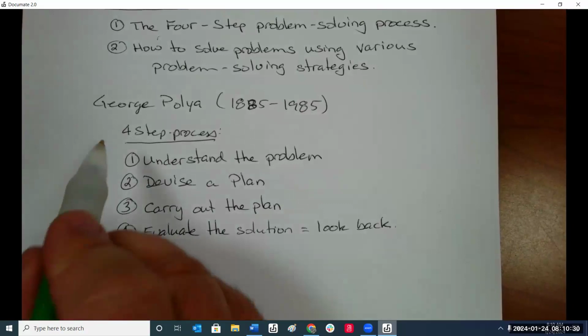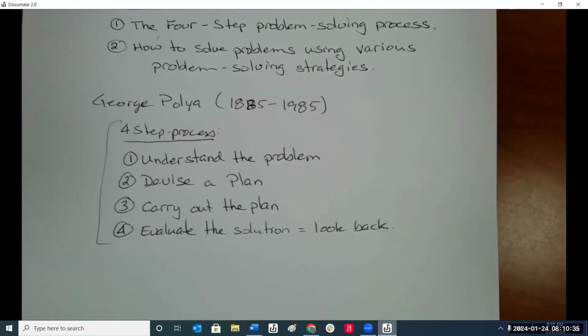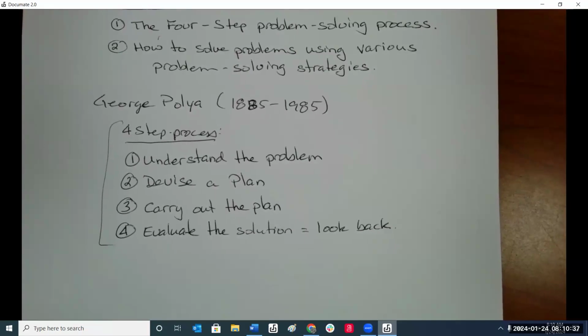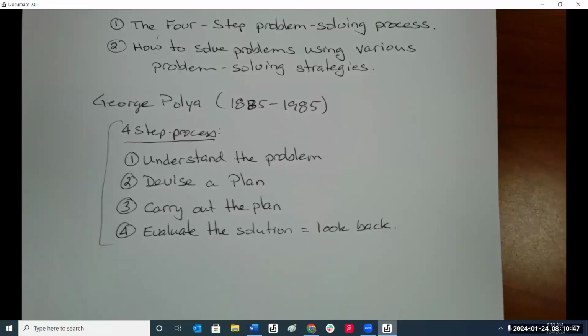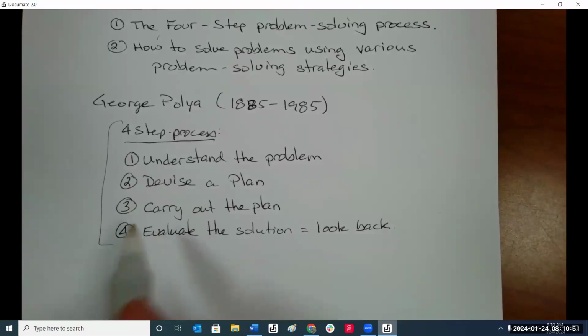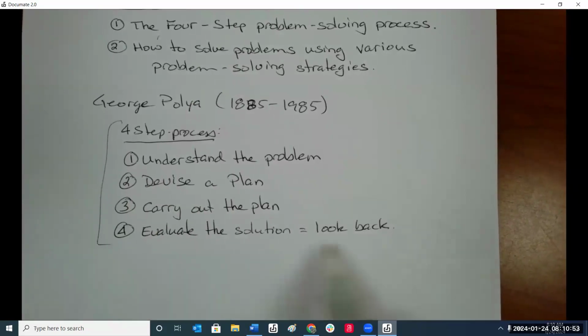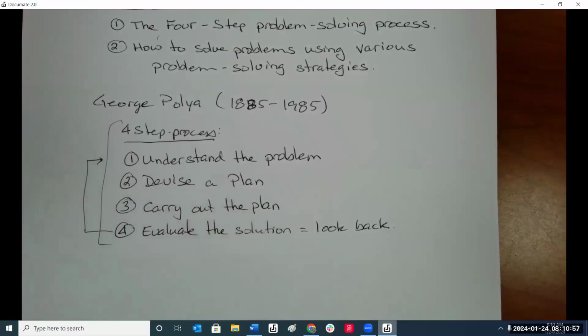So these are the 4 steps. Actually, the interesting thing about this is there was a guy named, what's his name? After World War II, Japan was destroyed. They had nothing. So this one person who started off with this and added on another step, he said, a problem is never done because once you finish it, look back.